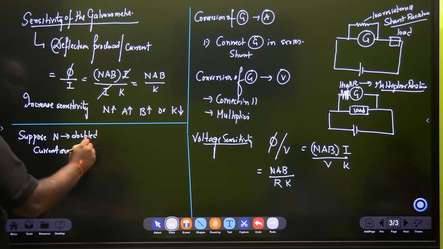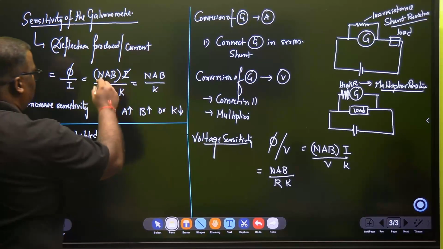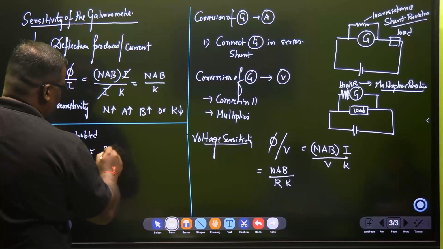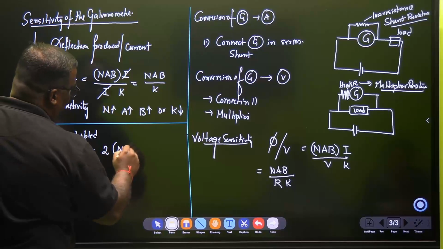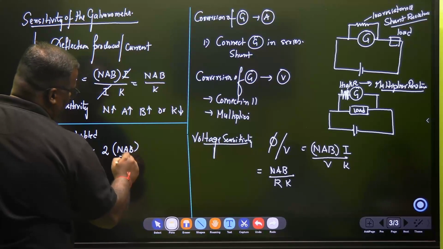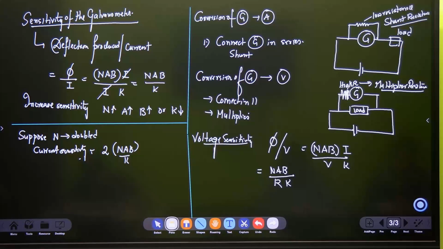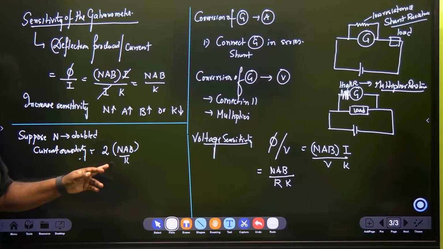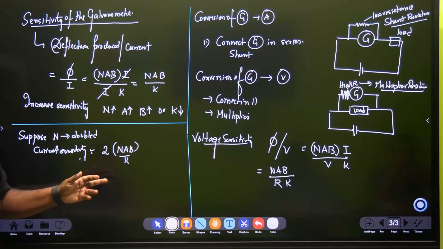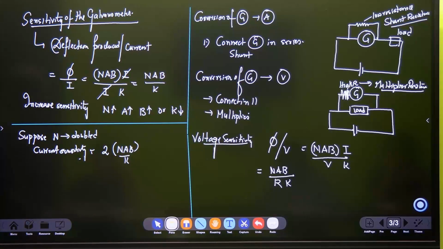Don't you think the current sensitivity, if you double it, gets doubled? It will also become 2NAB by K. So if you double the number of turns, the current sensitivity is double, means your machine has become super sensitive now. Do you think it has also become super sensitive for voltage?